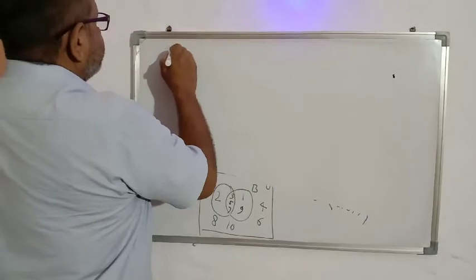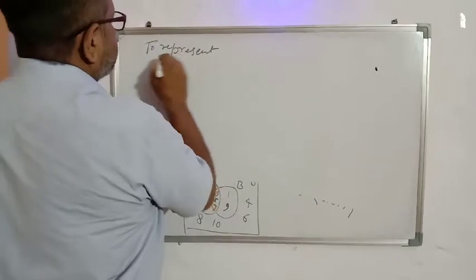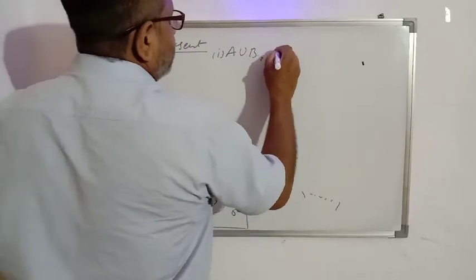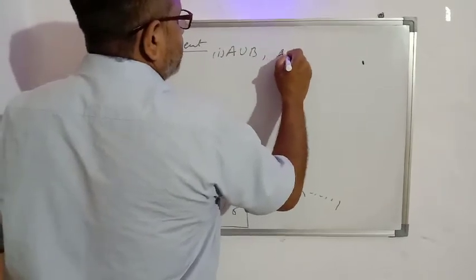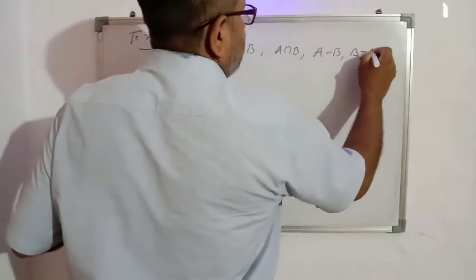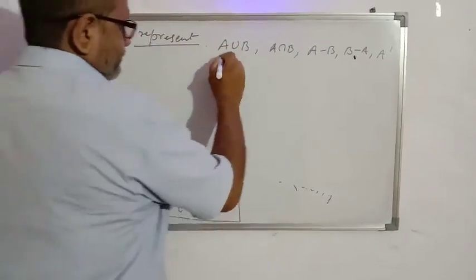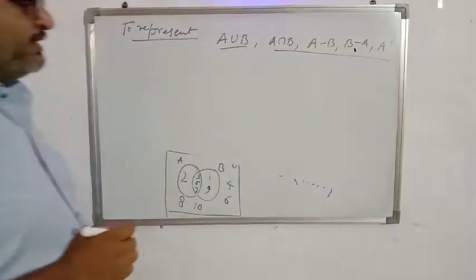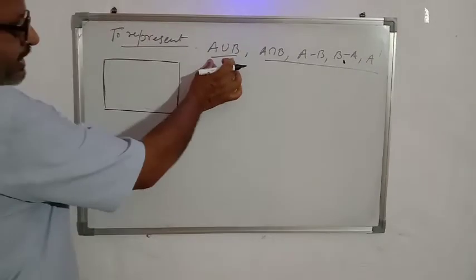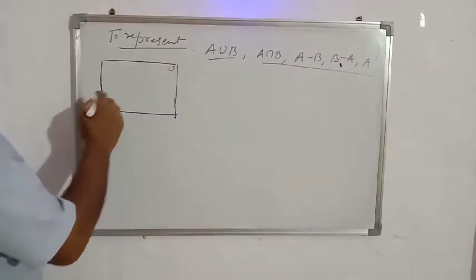To represent A union B, A intersection B, A minus B, B minus A, complement of A by Venn diagram, let us see how we will represent A union B. Firstly, we have drawn a rectangle for the universal set.